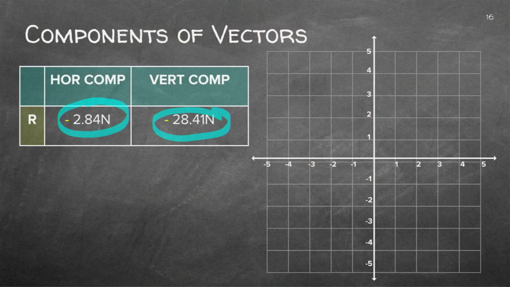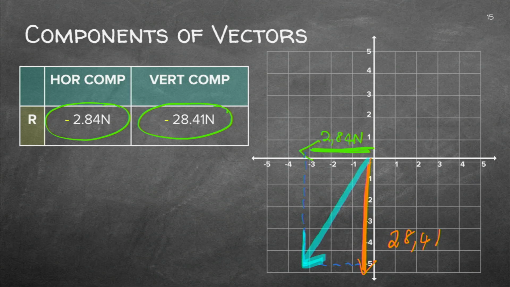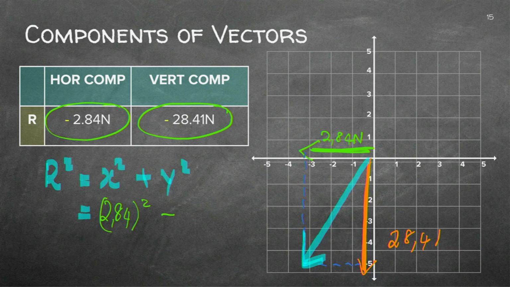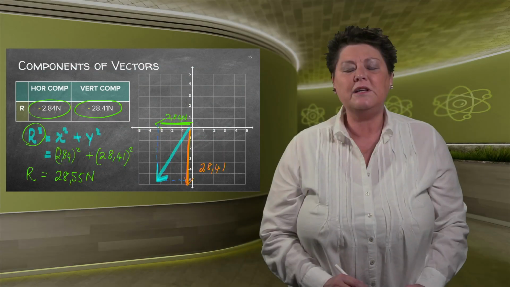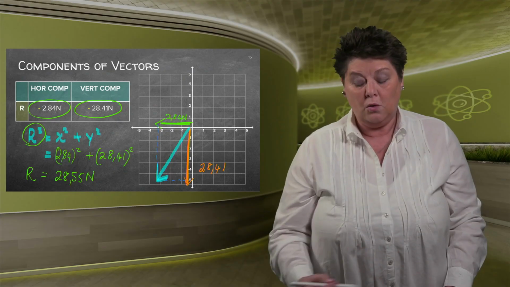So if you do Pythagoras, I would say the resultant squared is the x squared plus the y squared, and you will do your calculation, which will give me an answer of, and you can test me, I got 28.55 Newton. So do this calculation and see if you find the same answer as I did.